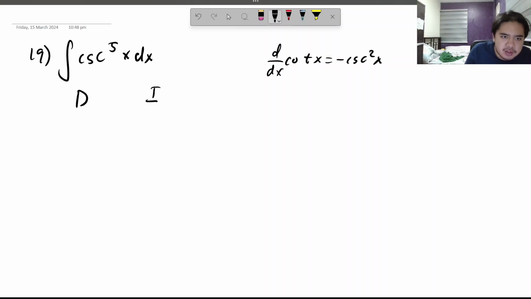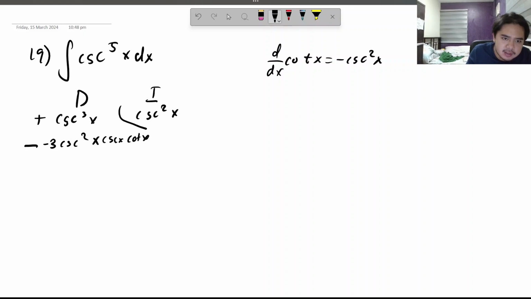So, cosecant cube x here, cosecant squared x here. Minus column. The derivative of that is 3 cosecant squared x times negative cosecant x cotangent x. So negative here, then cosecant x cotangent x. It's just overlapping there. So the integral of cosecant squared x is negative cotangent x.